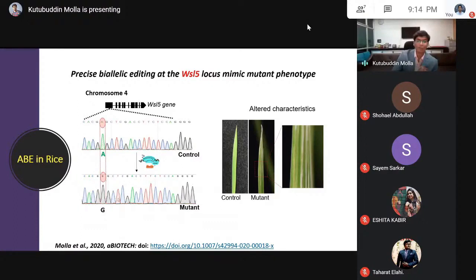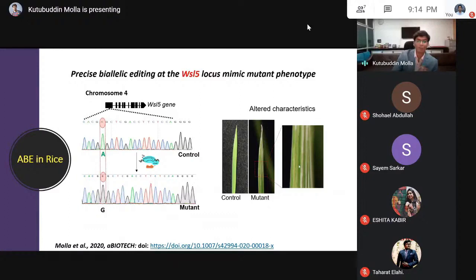You can see all the other peaks are similar to the untreated one, but this one is specifically and precisely changed. This green peak has been changed into a G, a black peak, which designates that A has been changed precisely into a G. Because of this targeted change, we got the expected phenotype, the white stripe leaf.